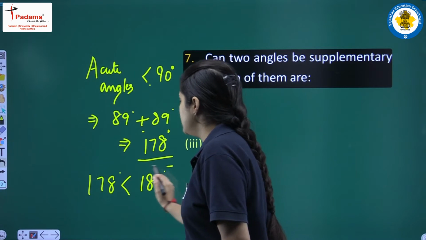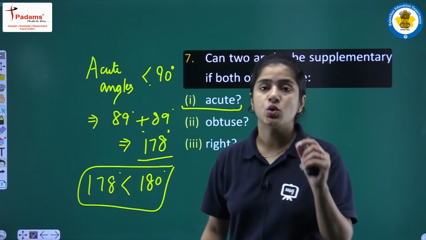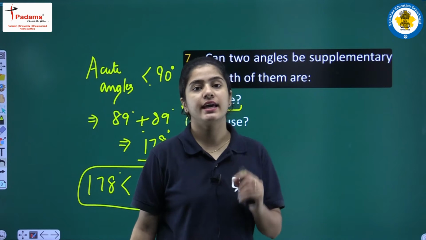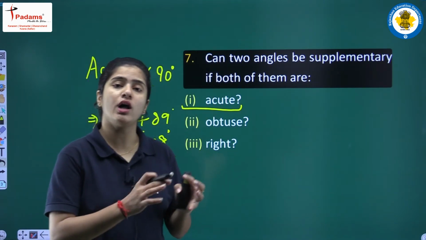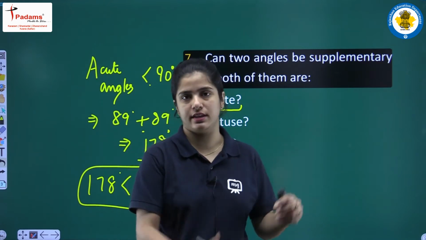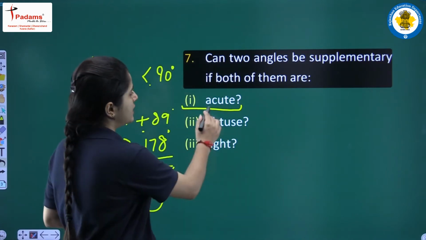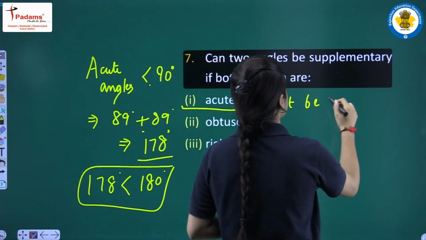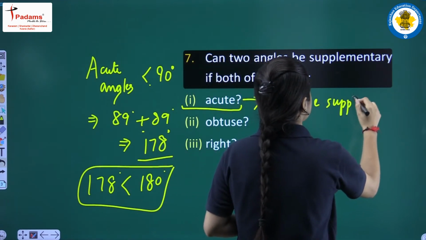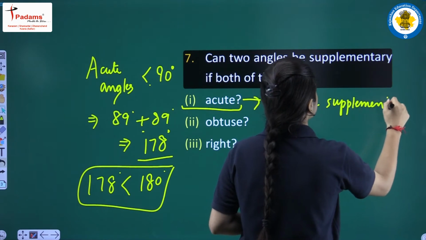So it means that when two angles are acute angles, then they can't be supplementary because their sum will always be less than 180 degree, okay students. So this can't be supplementary, right? Why can't it be supplementary, students?